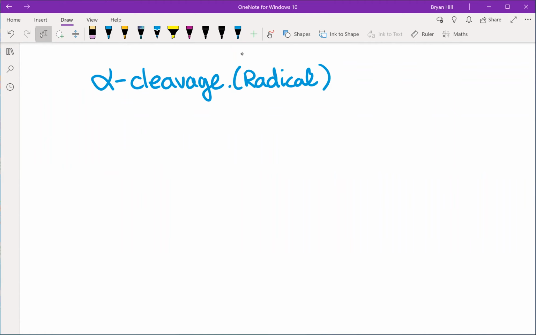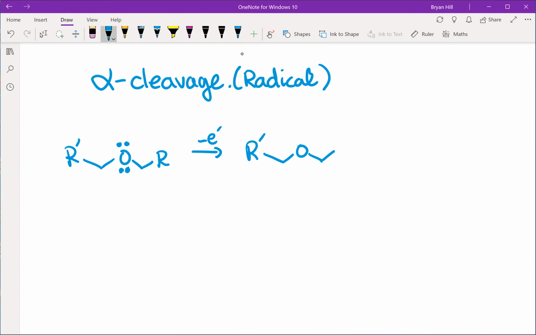So let's pretend that we've got an ether, and let's lose an electron. I might actually need to draw an extra carbon here. Yeah, let's do that.